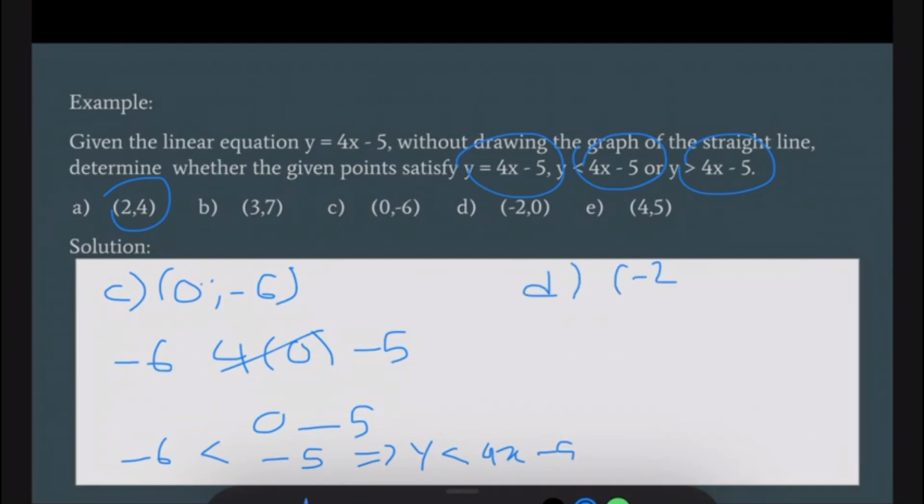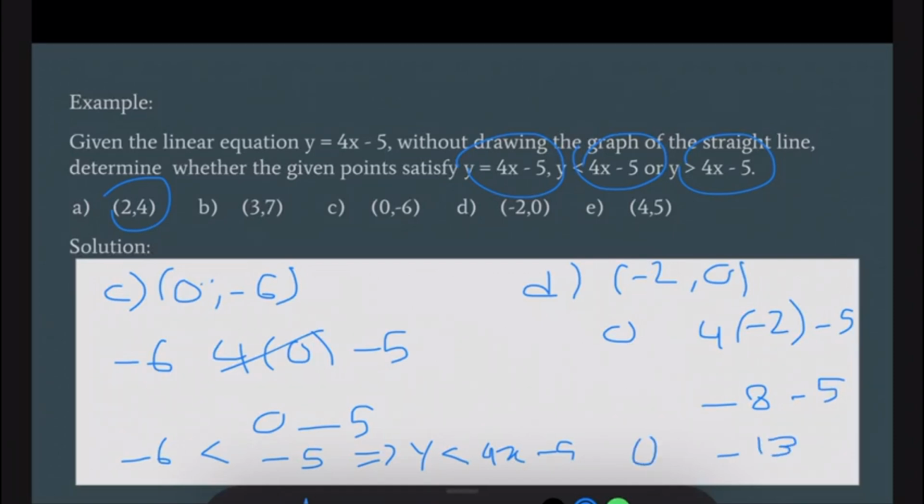Move on to the next question, D. We have negative 2 as x-axis and 0 for y-axis. So let's try. Y is 0, gradient is 4, x-axis is negative 2, minus 5. So we are left with negative 8, minus 5, so negative 13.